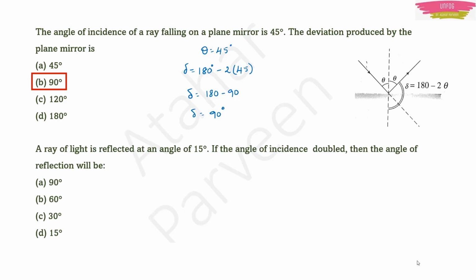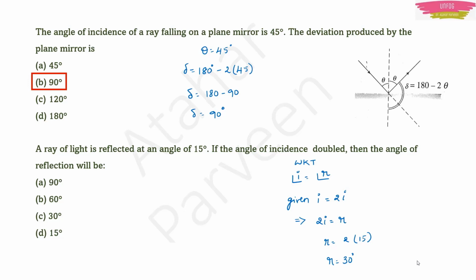Next expected question is, a ray of light is reflected at an angle of 15 degree. If the angle of incidence is doubled, then the angle of reflection will be. Here what they are telling, they have given you the angle of reflection, that is 15 degree. Then they are telling that angle of incidence is doubled. Now one thing we know that angle of incidence is equal to angle of reflection, right? So if angle of incidence is doubled, then angle of reflection will be equal to 2i in place of i, isn't it?